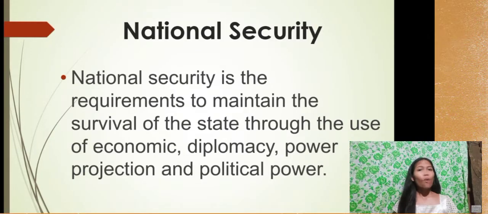So first, what is national security? National security is the requirement to maintain the survival of the state through the use of economic, diplomacy, power projection, and political power. So, national security is about keeping a country safe and secure.